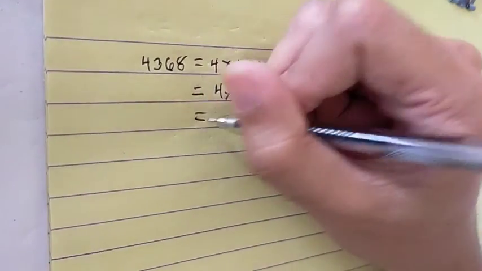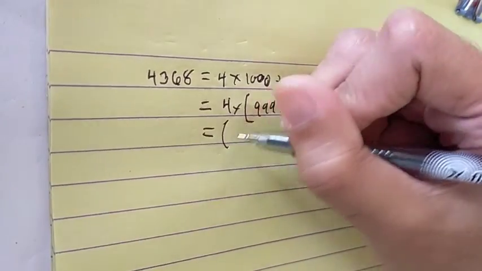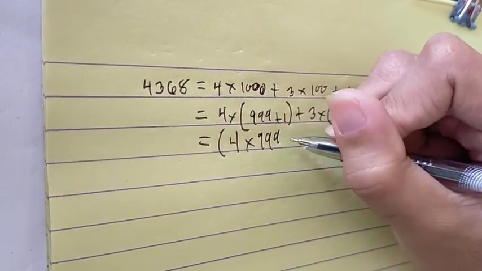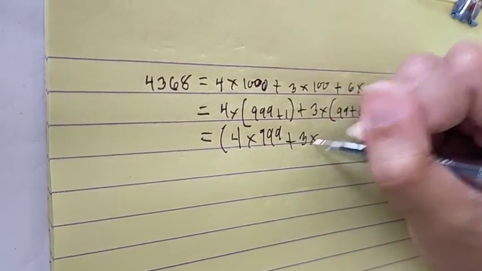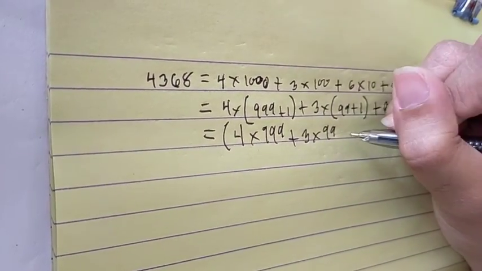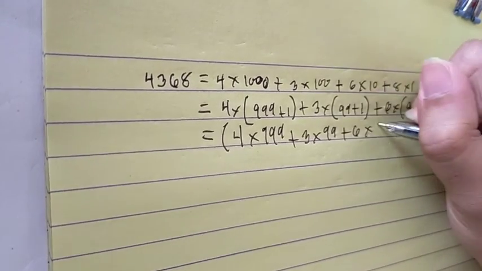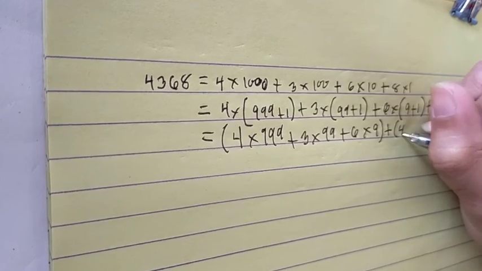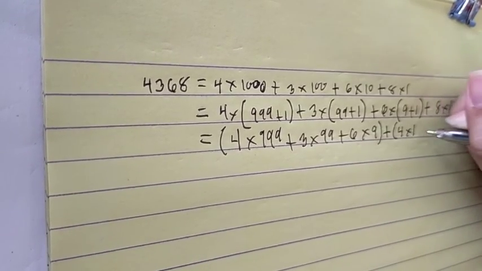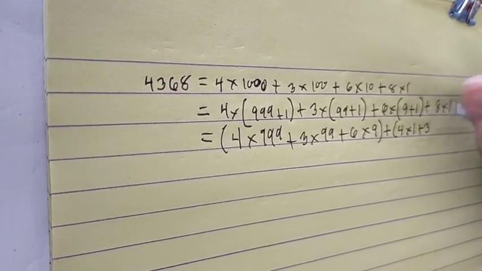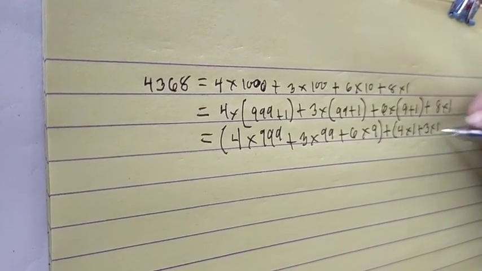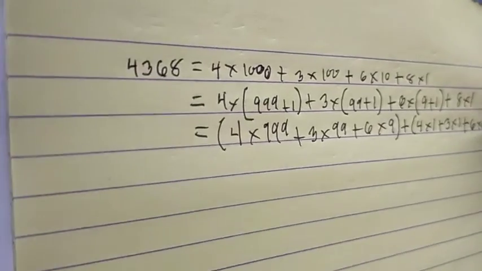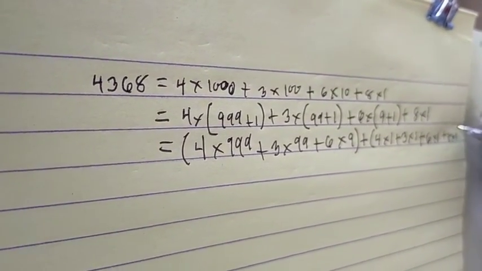Then we have the quantity 4 times 999 plus 3 times 99 plus 6 times 9, plus the quantity 4 times 1 plus 3 times 1 plus 6 times 1 plus 8 times 1.